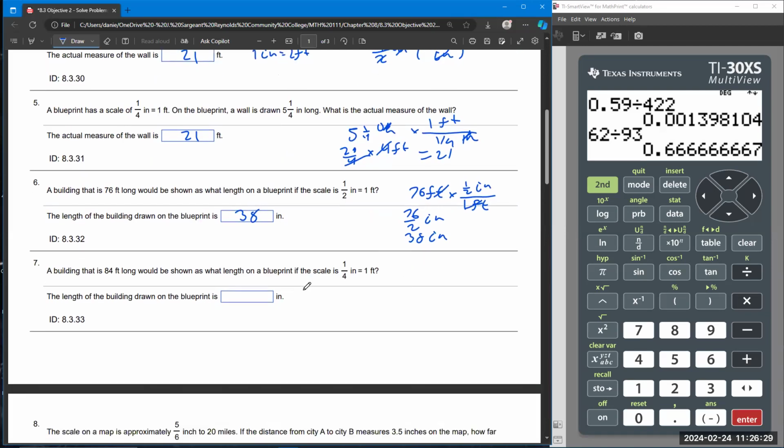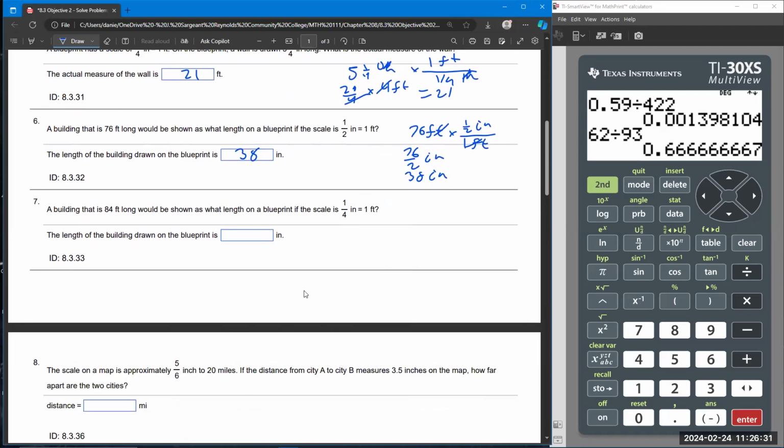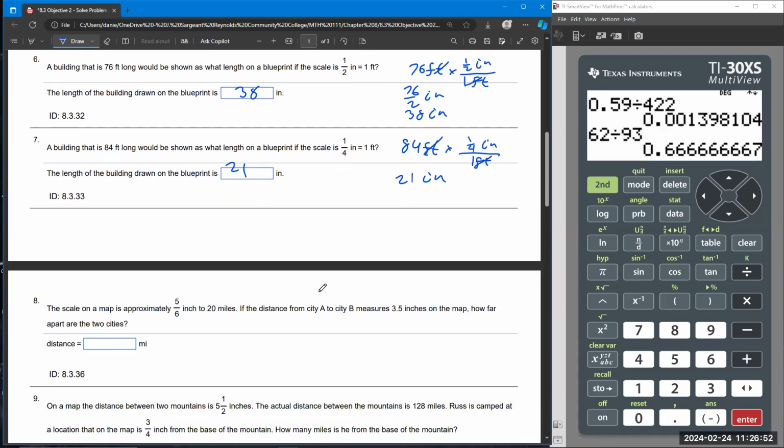A building that is 84 feet long would be shown as a length of what on the blueprint if it's 1/4 inch equals a foot. So 84 feet times 1/4 inch per foot. 84 divided by 4 is 21. I like 21 as an answer today.